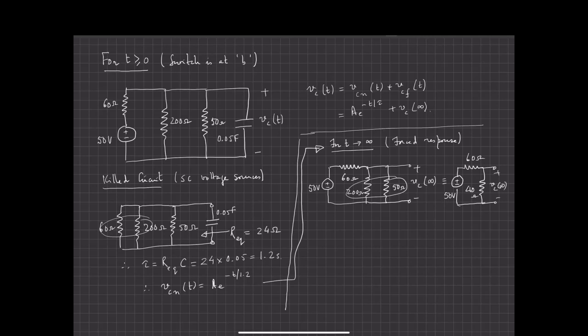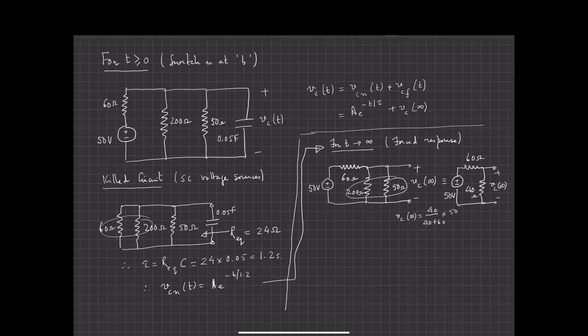And again, by voltage division, it becomes evident that Vc at infinity is 40 over 40 plus 60 times 50.